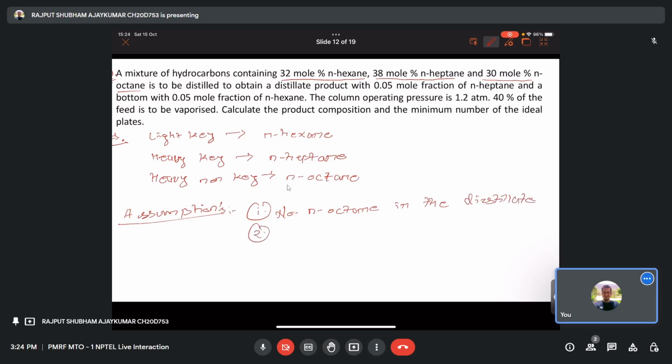The second one is that 0.95 mole fraction of n-hexane is in the distillate.